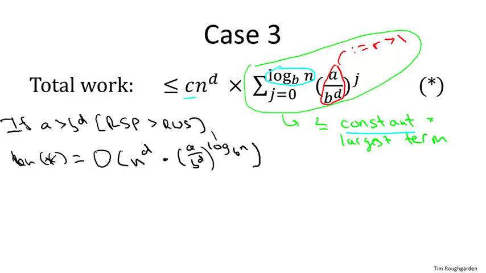Now don't despair how messy this looks. We can do some remarkable simplifications. So what I want to do next is focus just on this 1 over b to the d raised to the log base b of n term.